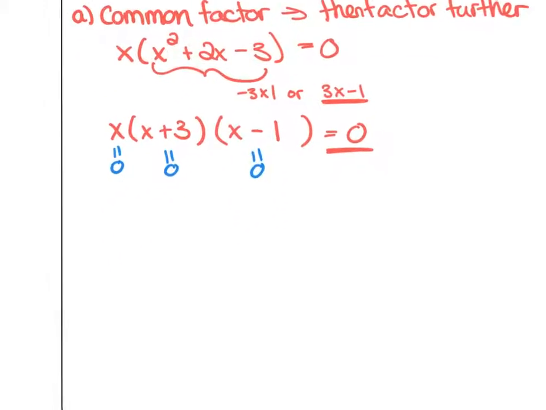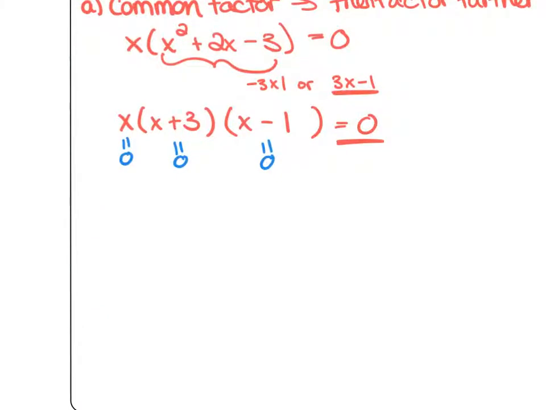So the first one's really easy because it's just x, and anytime x is equal to 0, the whole thing is going to be 0. The second one, x plus 3, I must set it equal to 0. When is this going to be equal to 0? When x is negative 3, because negative 3 plus 3 will equal 0.